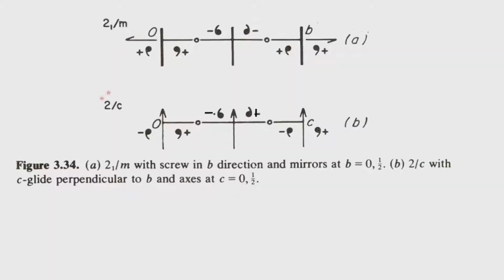The same is true in the case of 2 by C. You see that the two-fold axis which is going perpendicular to that stays along with the center of symmetry, whereas the glide plane stays along with the center of symmetry. The non-translational symmetry element, the two-fold, is moved by 1/4.